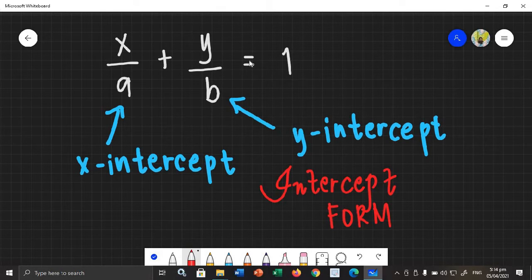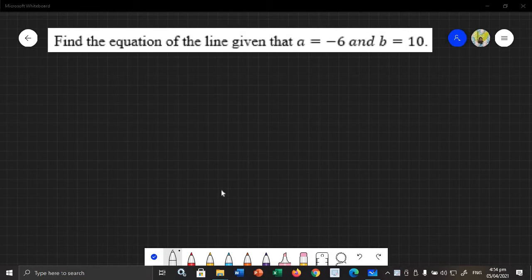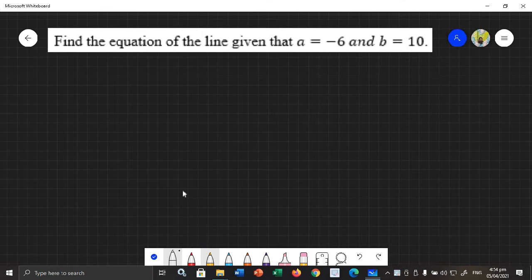In this lesson, this will be the equation that we will use to find the equation of the line. We will find the equation of the line given that a is equal to -6 and b is equal to 10. As you can see, a is our x-intercept and b is our y-intercept. The values are already assigned, so we have no problem with that.